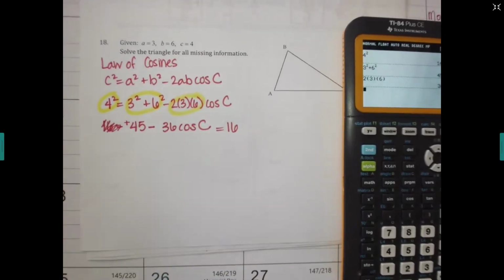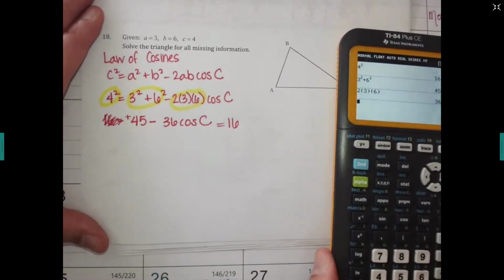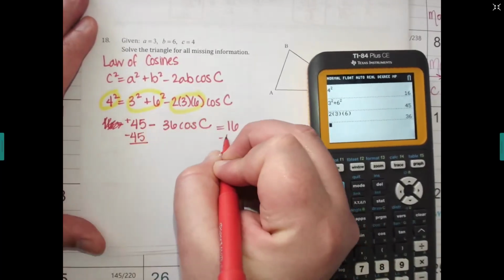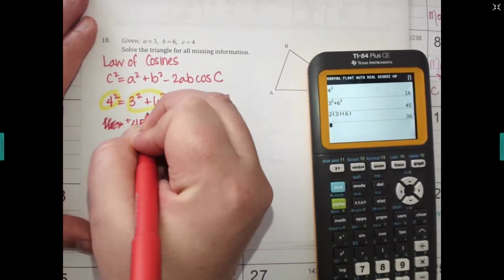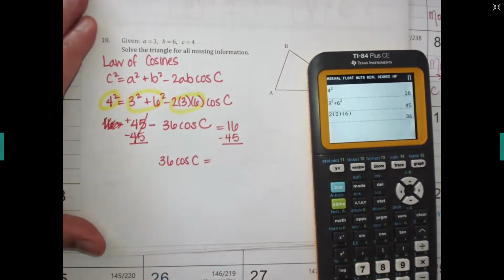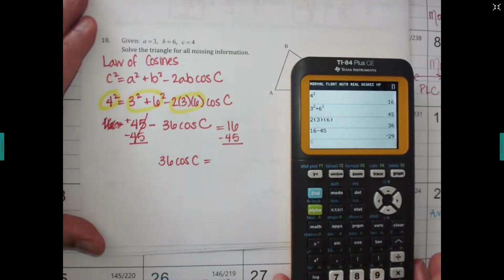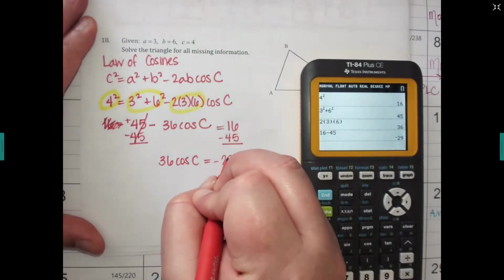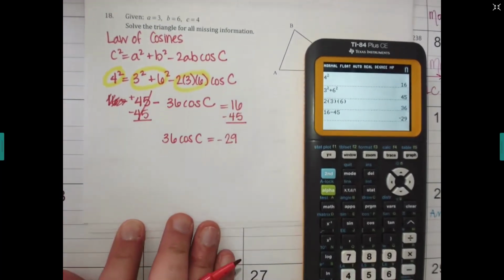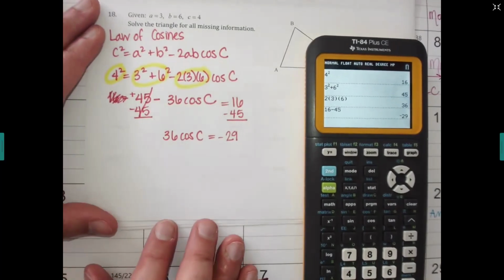So I'm going to minus the 45 across, which means that I have 36 cosine C. 16 minus 45 gives me negative 29. Okay, what mistake did I just make that's going to affect my final answer if I don't fix it?